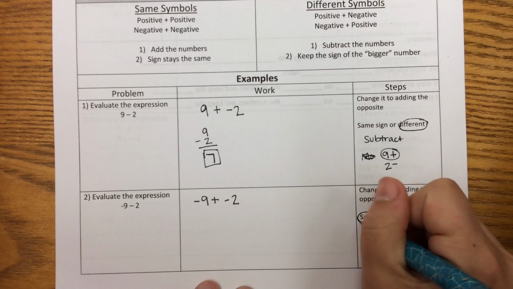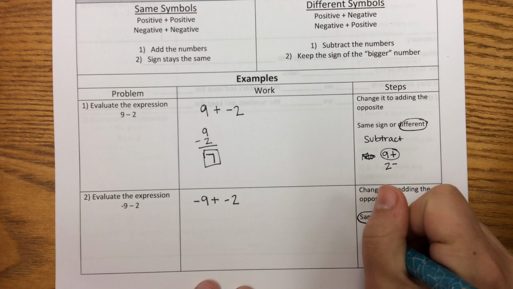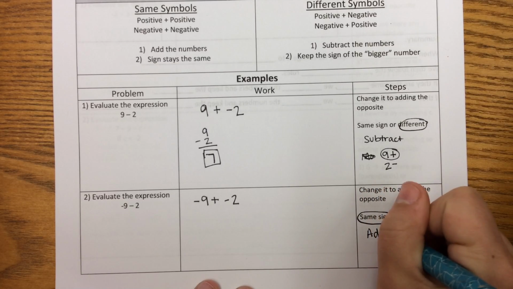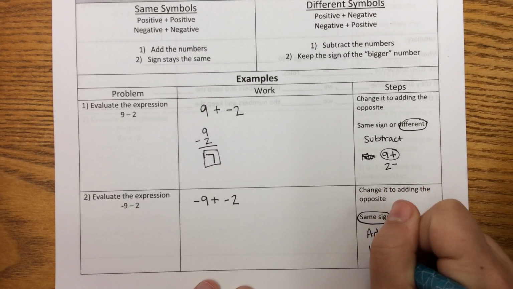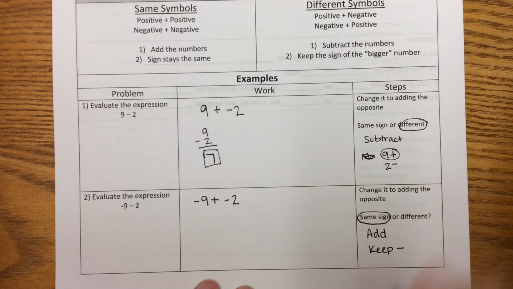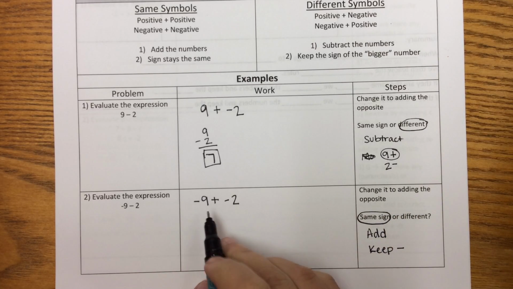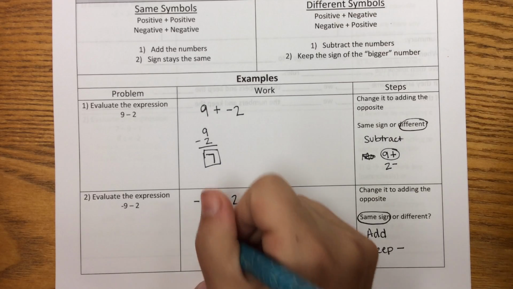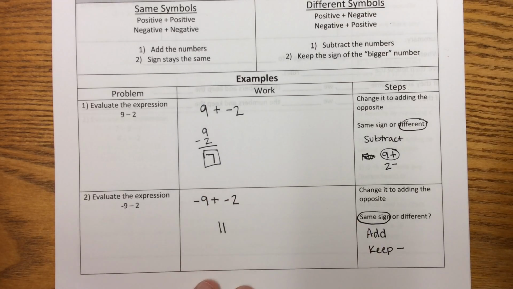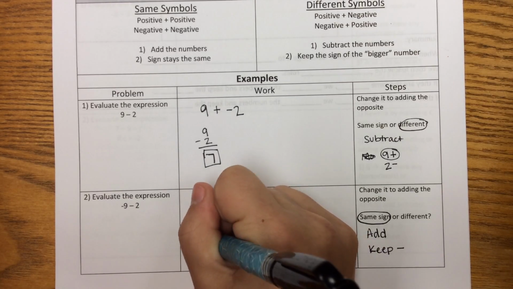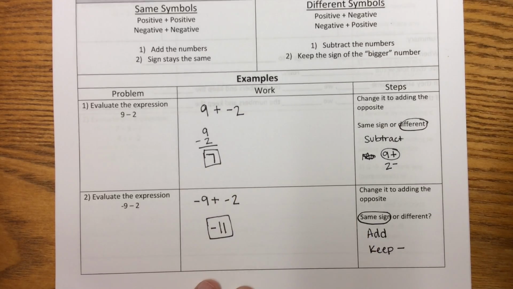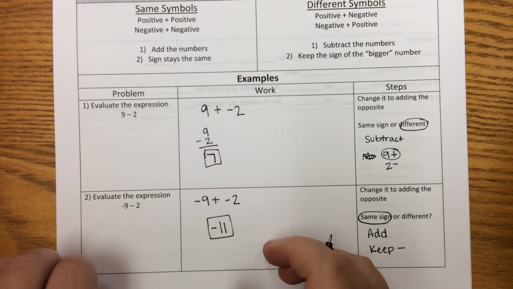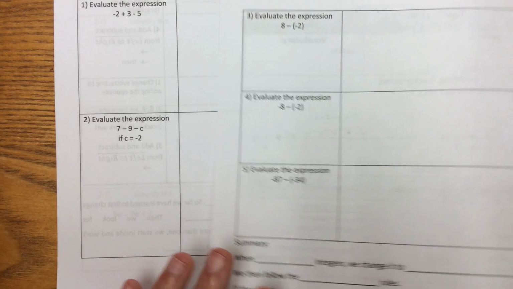They are the same sign, so we just add, and we keep the negative because they're both negative. We have -9 plus -2. So 9 plus 2 is 11, and then I keep the negative. Okay, backside. We have 3 more examples.